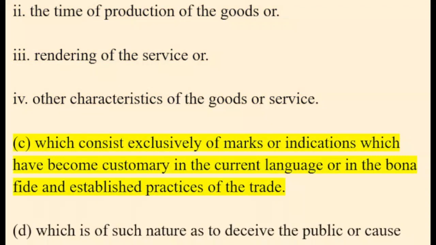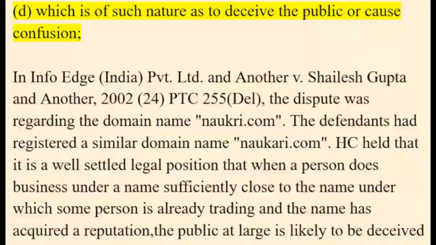C. Which consist exclusively of marks or indications which have become customary in the current language or in the bona fide and established practices of the trade. D. Which is of such nature as to deceive the public or cause confusion.